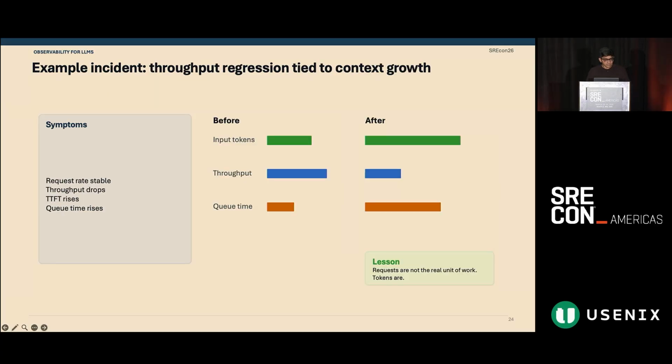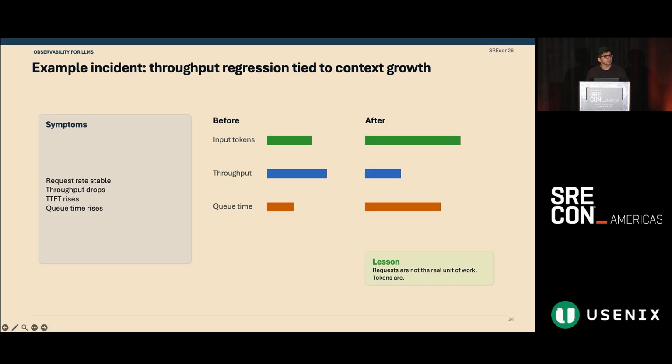Secondly, another example is where the request rate is stable. However, we notice throughput drop and time to first token increase. Digging deeper, we realize that the number of input tokens per request has increased.